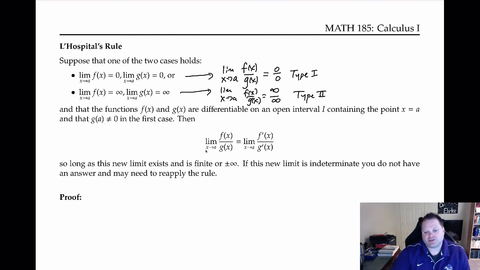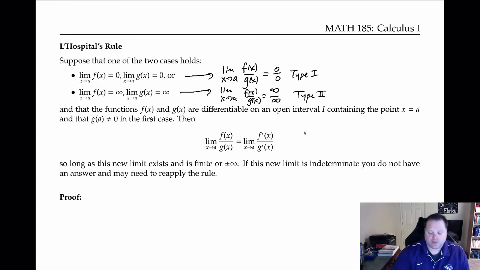Then you can substitute the limit of the original ratio with the limit of the derivatives of each of these. Now, this isn't the quotient rule. This is the derivative of the top and the derivative of the bottom. You can substitute this original limit for this limit.